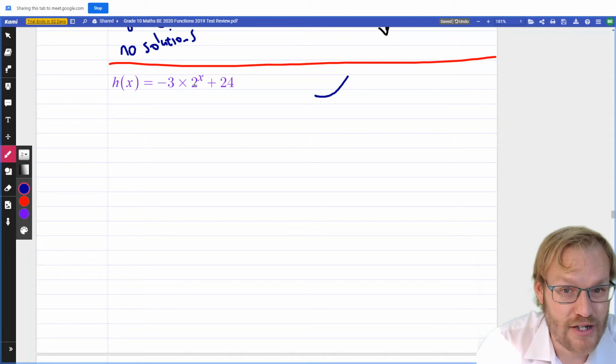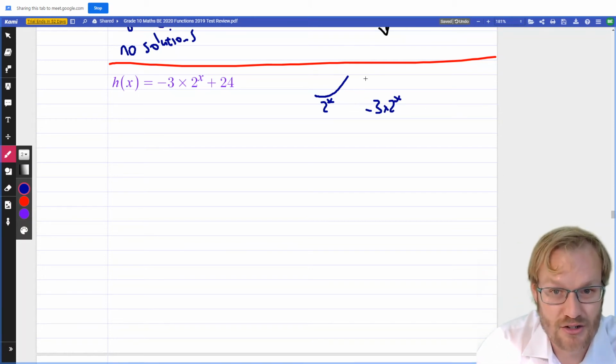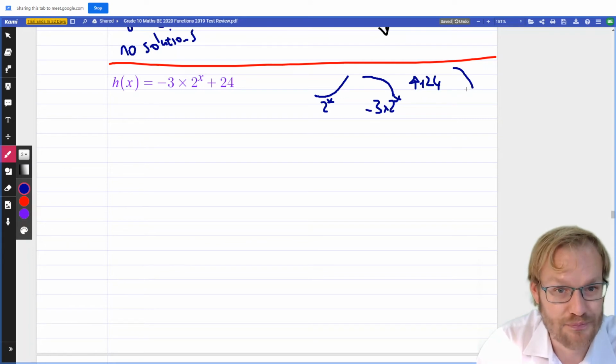The negative 3 would take that, so this is what 2 to the x would look like. Minus 3 times 2 to the x would take that, and it would reflect it about the x-axis. So instead of going up, it would come and then start going down. And the plus 24 is just going to take that and move it up by 24. So it's going to be the same shape, it's just going to be a bit higher.